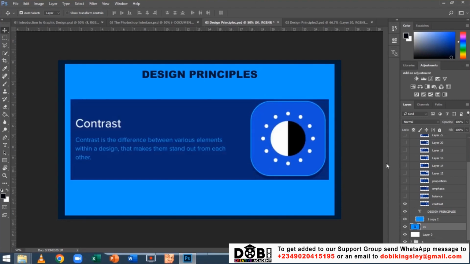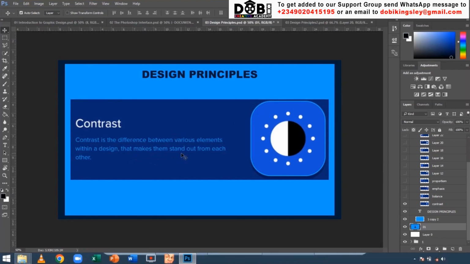Contrast is basically the difference between the various elements within a design that makes them stand out from each other. So I'll just give an example to show you. Just looking at this design alone, you can see design principles is in a darker shade of blue against the background that is a lighter color. So the contrast here is good.